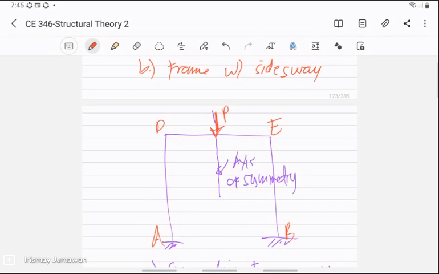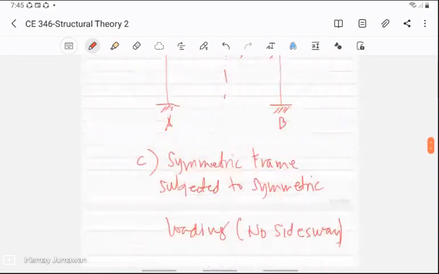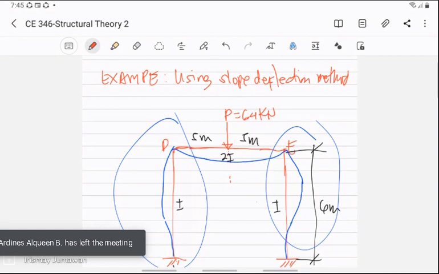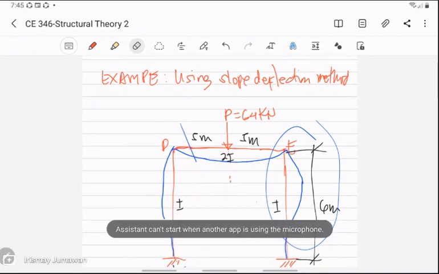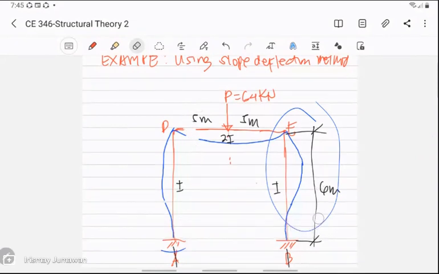So I will give you an example. Okay, so we have here an example. The load is 64 kilonewton, and the moment of inertia for members AD and BE is equal to 1.